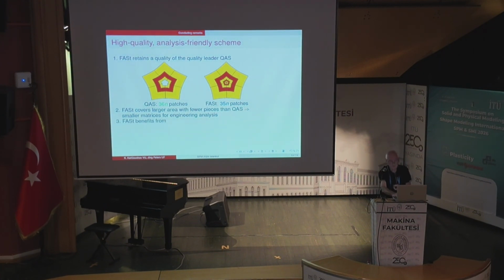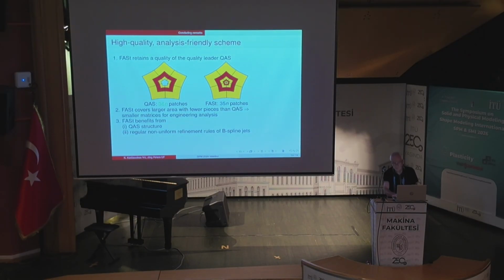Our scheme benefits from what was developed for quadratic-attraction subdivision, and the real novel moments are that we use non-uniform refinement of B-spline jets, and second, also novel, as I told briefly, the localized interplay of uniform and non-uniform. That is the key of the new subdivision scheme. So, thank you for your attention.